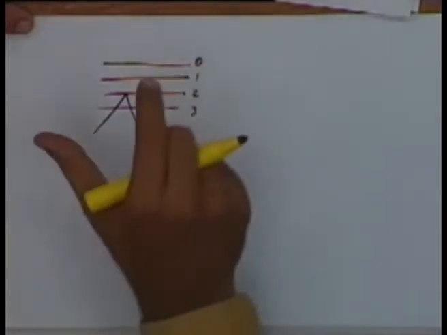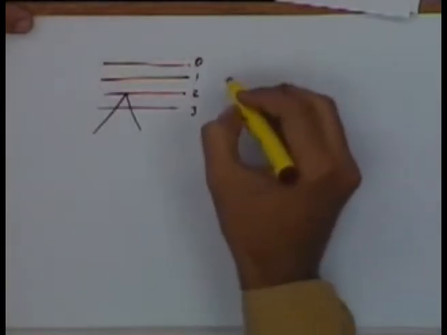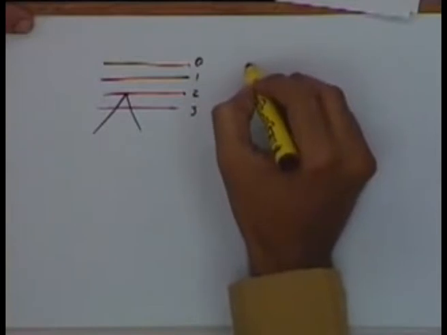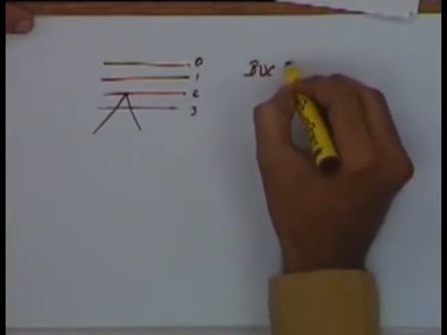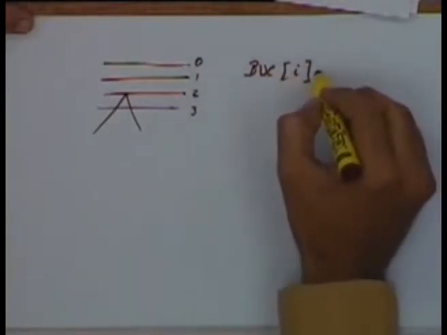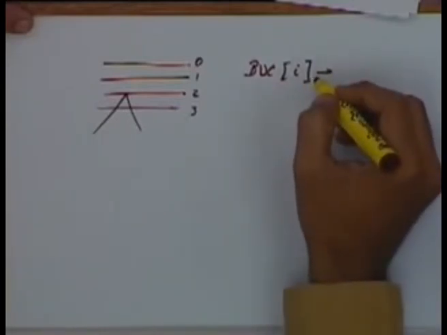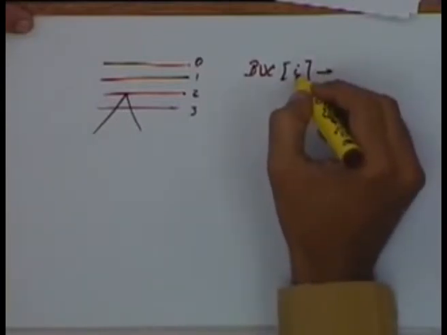In some sense it is going to be a queue of events. So let us say we have an array called bucket of I, and bucket of I is going to contain a list of vertices at scan line number I, at row number I.